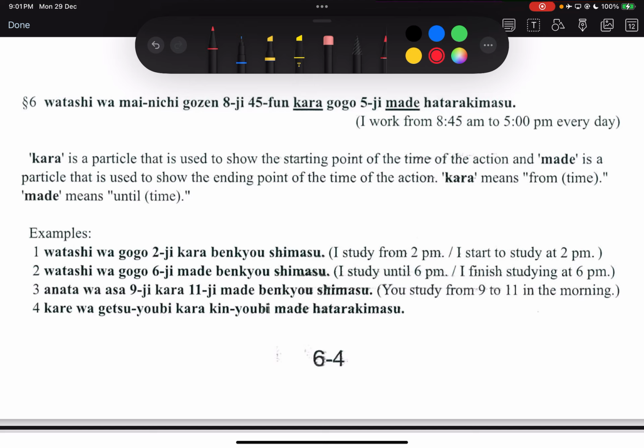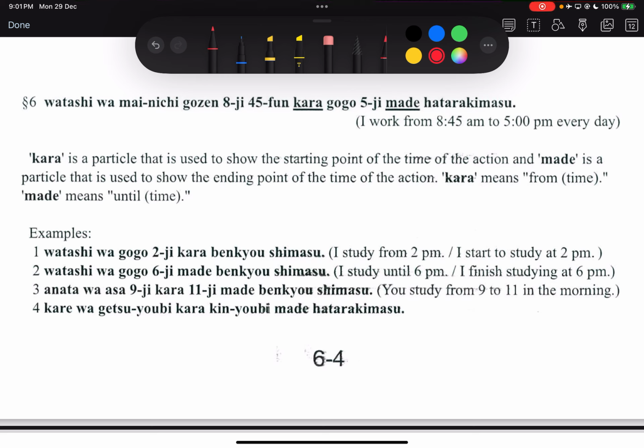Okay? Example 1. 私は午後2時から勉強します. So 午後2時から means from afternoon 2 o'clock, I study. 勉強します is study. 私は means for me, I'm the subject here.